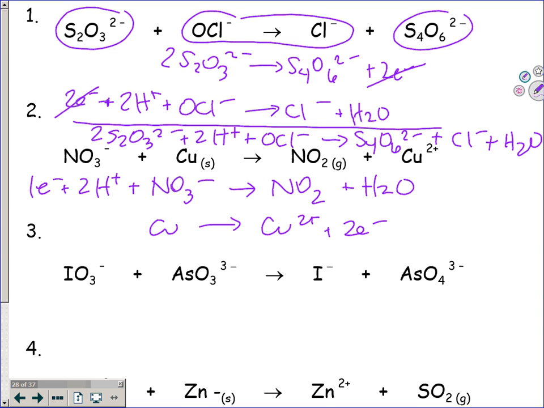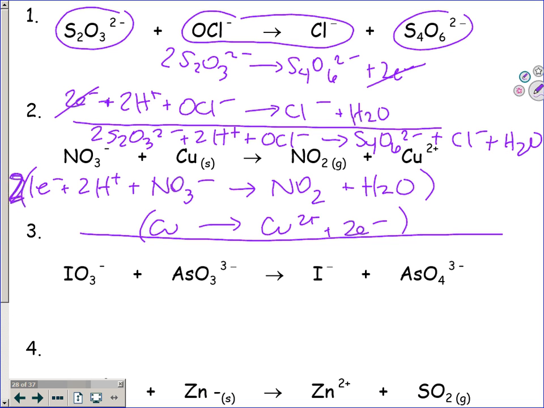So now that I have half reaction 1 and half reaction 2, I need to now do what? Balance the electrons, right? So balancing these electrons, I have 1 and 2, so who do I multiply? The top one by 2, and this 2 distributes all the way through the entire half reaction. So when I add them up, I'm going to have 2 electrons here and 2 electrons here.